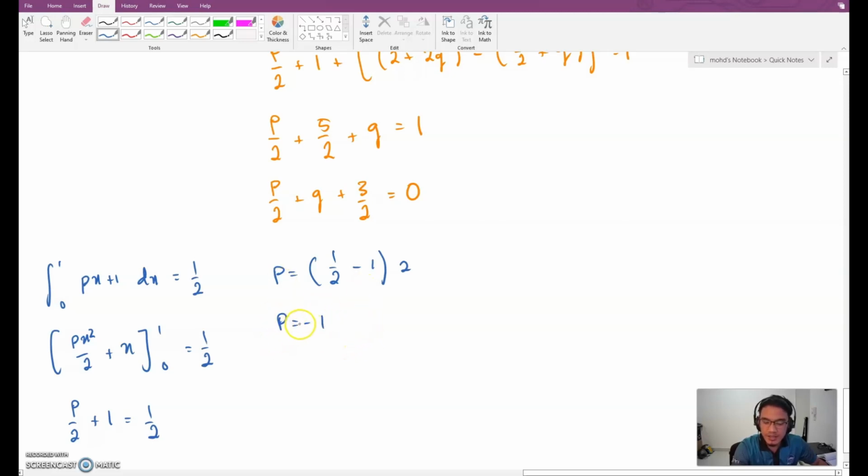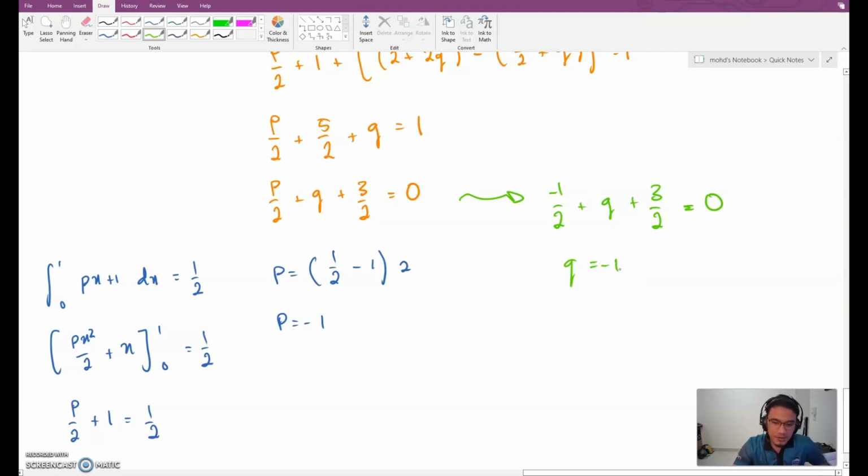So we take p equal to negative 1 and substitute it into this equation: negative 1 over 2 plus q plus 3 over 2 equal to 0. Then q is also equal to negative 1.